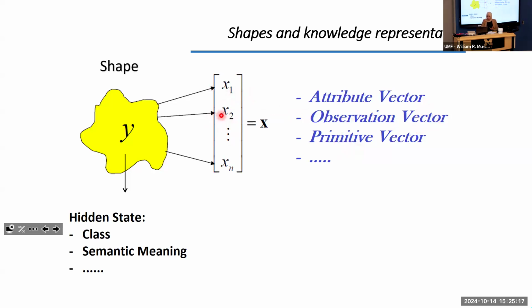At the end, it is the same thing, the vector encoding all the values of the information that describes the given shape y, okay? So we denote, for example, this feature vector as x, and x has sub-informations x1, x2, up to xn, where n is the number of observations or samples of our attributes or whatever. Is that clear?